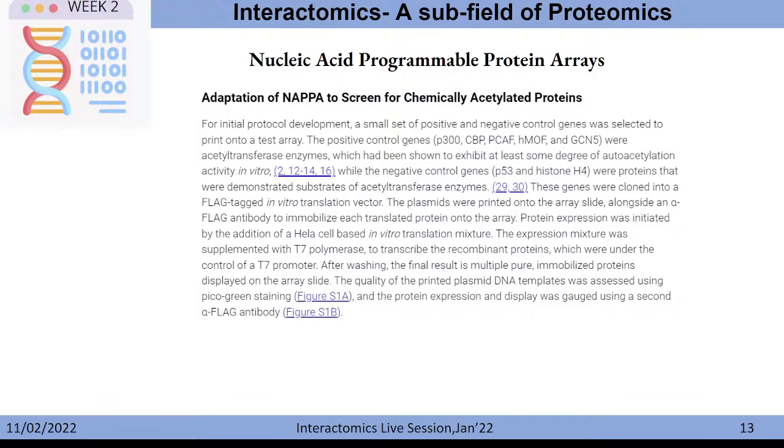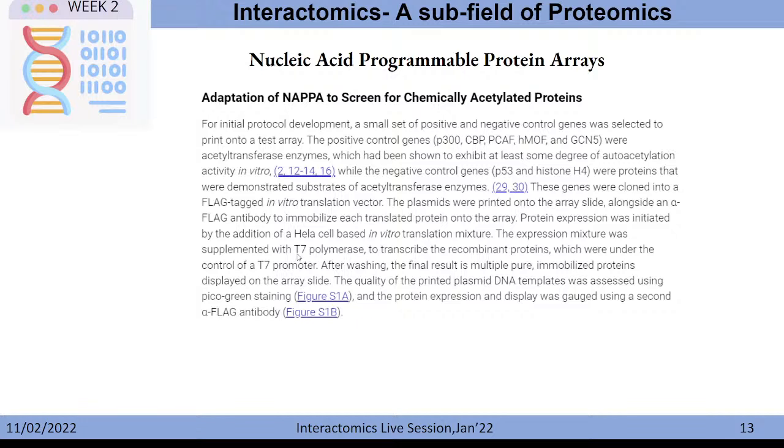Now if other proteins or genes are also detected with it, then you can show that these are novel genes or proteins getting detected because of their acetylation. So these are the negative control genes, P53 and histone H4, that were demonstrated substrates of acetyltransferase enzymes.